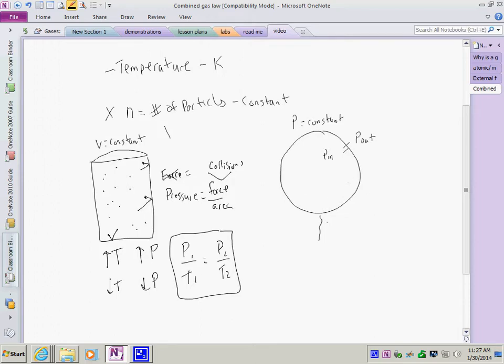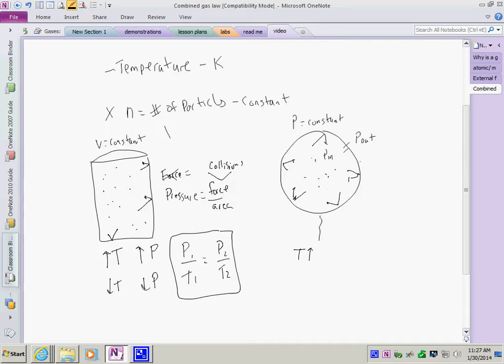Now in the balloon case, as I increase my temperature, particles start zipping around, bouncing off the walls at a greater frequency because they're moving faster. As they make those collisions, they create a larger amount of force per area, which causes the pressure inside the balloon to temporarily increase.